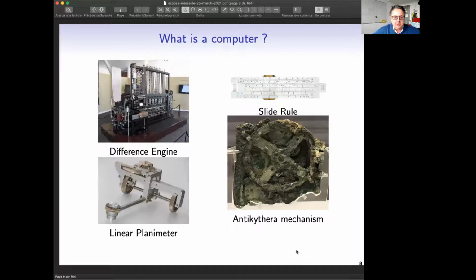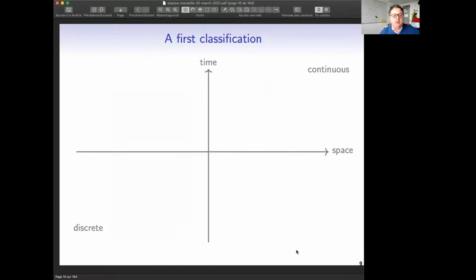No, this is a solved problem. It was used to do some astronomical computation. Anyway, my aim here is to go to computability and complexity and discuss how these computers compare.